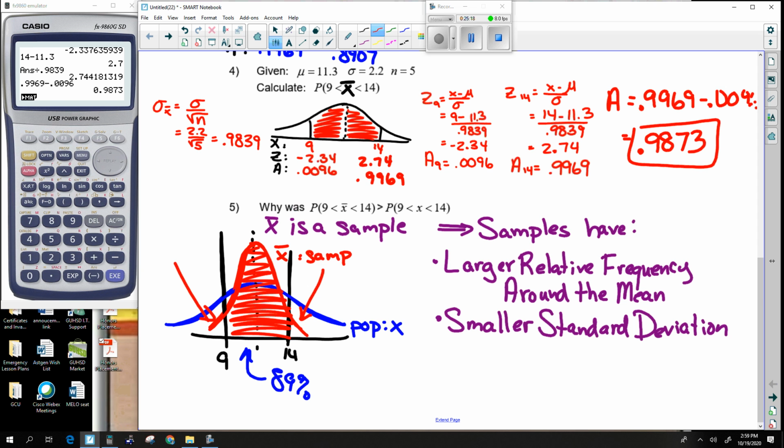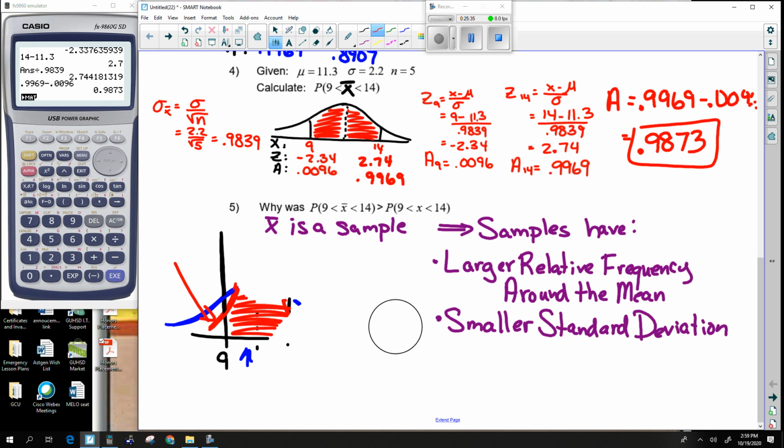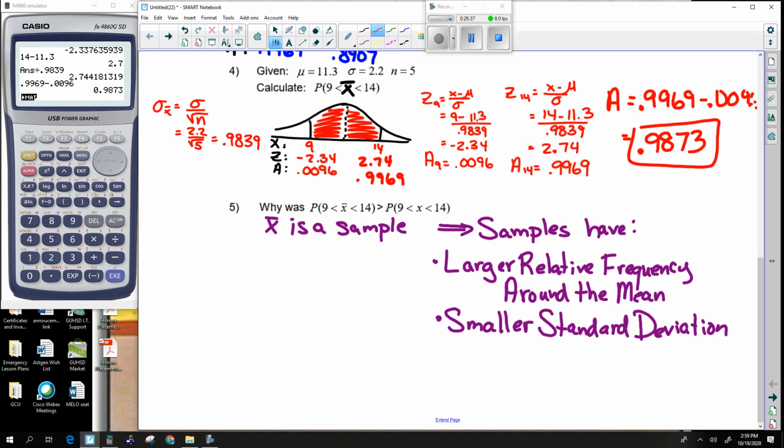And so why does the red have a bigger probability than the blue? Well, it's because it's taller and it's skinnier. That's why. And so why was the p of the x bar bigger than the p of just the regular x? Well, because it has a larger relative frequency around the mean and a smaller standard deviation. That's why.